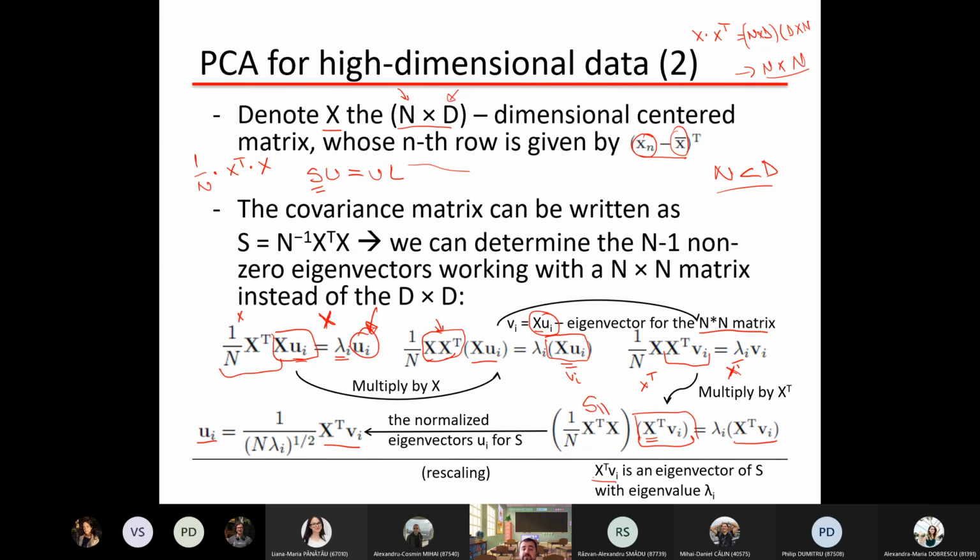And this is how, instead of computing the eigenvectors in the d by d matrix, the original covariance matrix, we computed the same eigenvalues and eigenvectors using an n by n matrix, which is much smaller than the initial d by d matrix. Do you have questions?